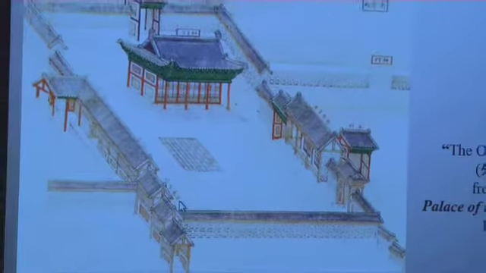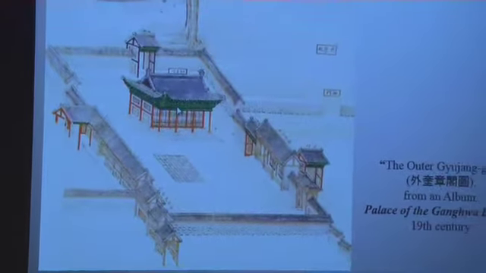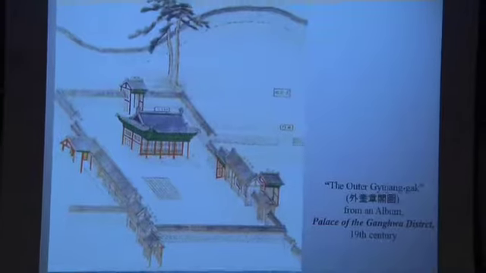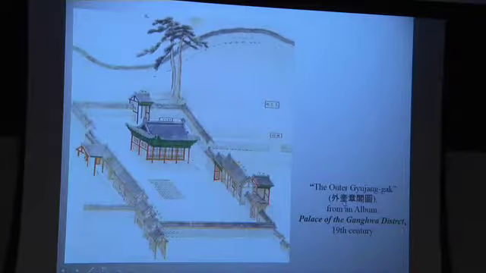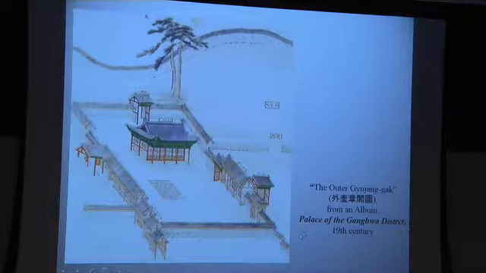The Uige that were kept in the BNF library are the ones that were stored in a little building on Ganghwa Island, called Oe Kyujangak, Outer Kyujangak, meaning that this is another Kyujangak, like a branch of the Kyujangak in Seoul.